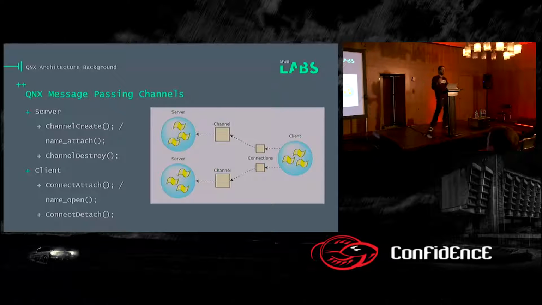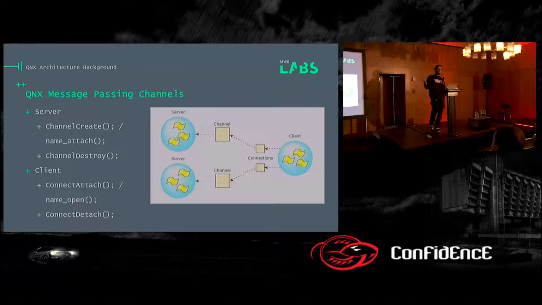On the other side, if there is a user-land process that wants to communicate with you, it will look up the channel ID, then use connect attach to attach to this particular channel and place the message on this channel. Channel create, again, will return a unique sequence of integers.